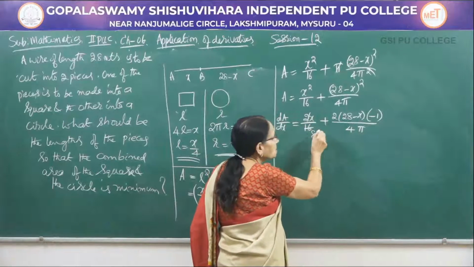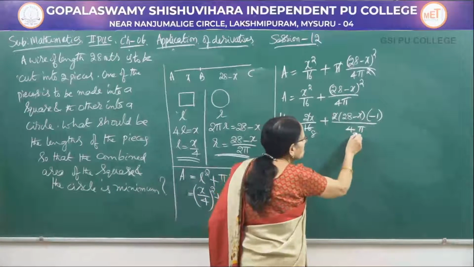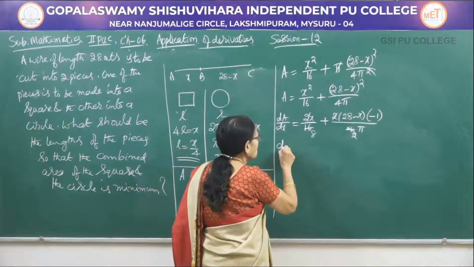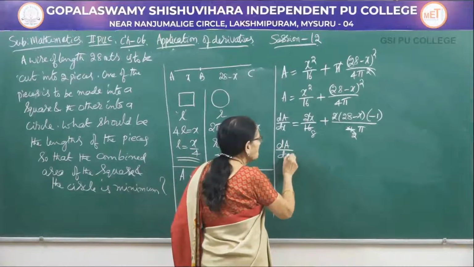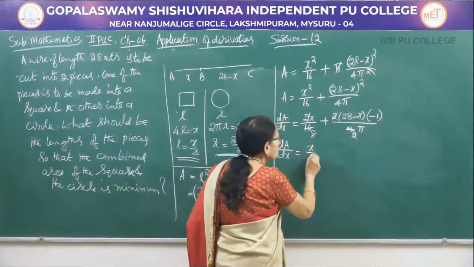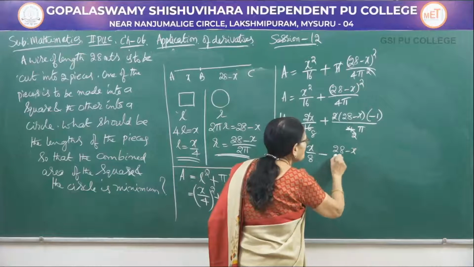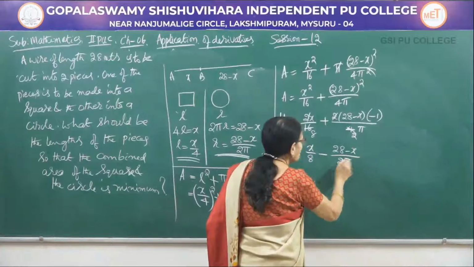So 2 ones are 2, 2 eights are, 2 twos are, you can cancel, and plus of minus, it is minus. So let me write dA by dx equal to x divided by 8 minus (28 minus x) divided by 2 pi.